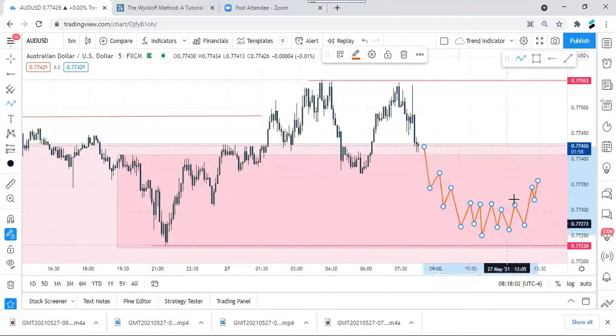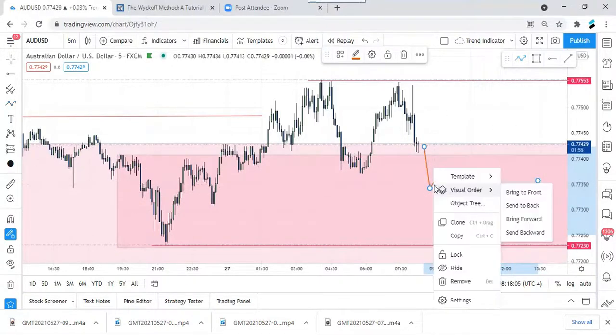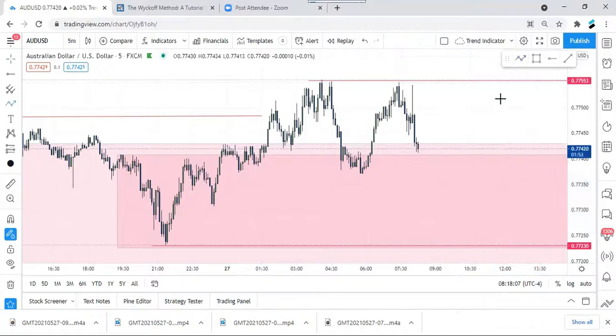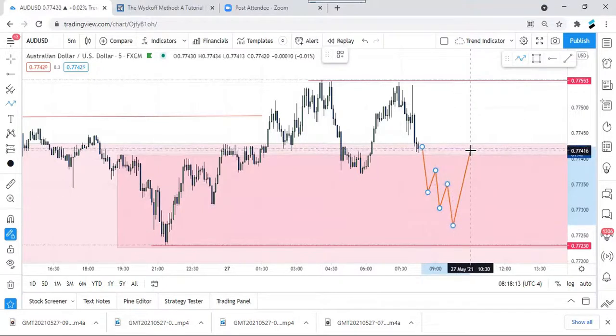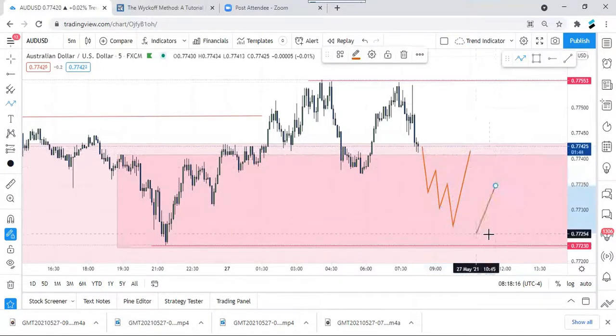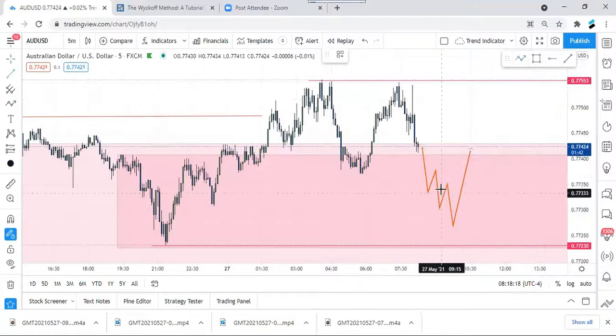Okay, so I'm looking for another accumulation, or I'll be looking for another different pattern, which is what? Down, up, down, up, down, up, where the market actually breaks the structure.